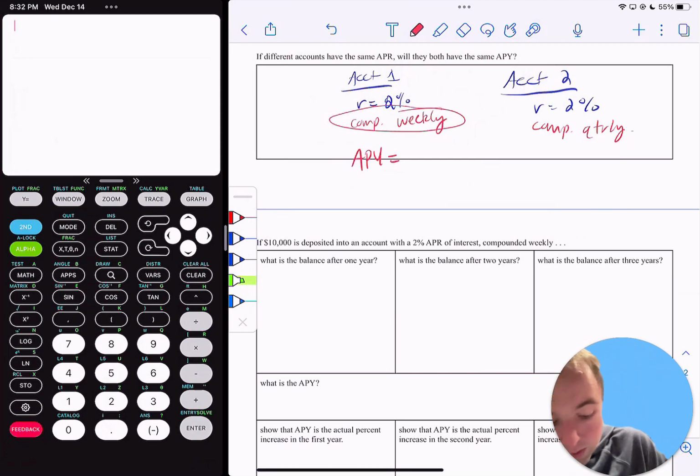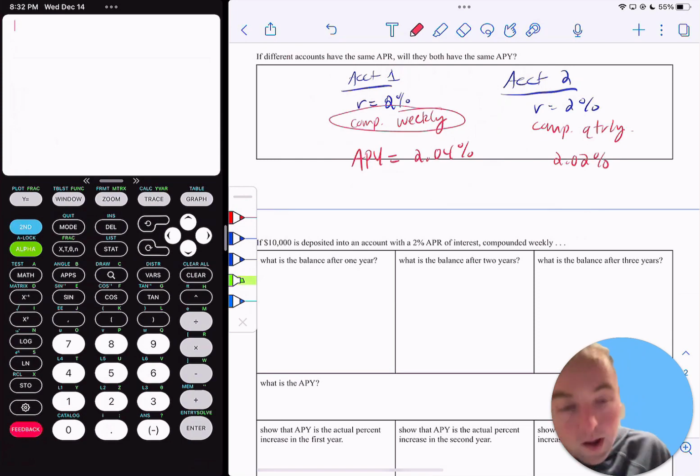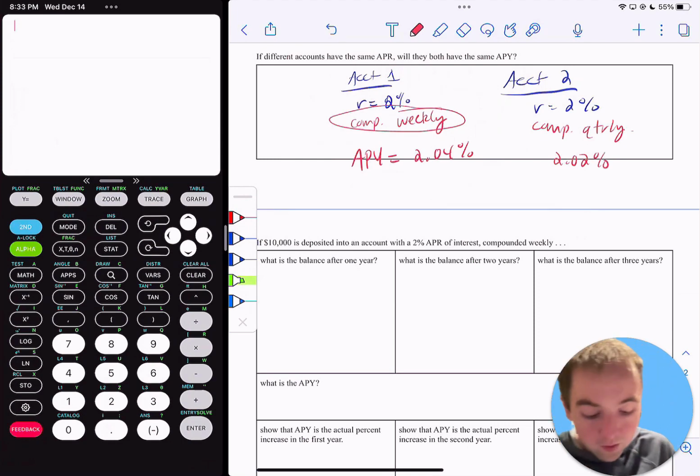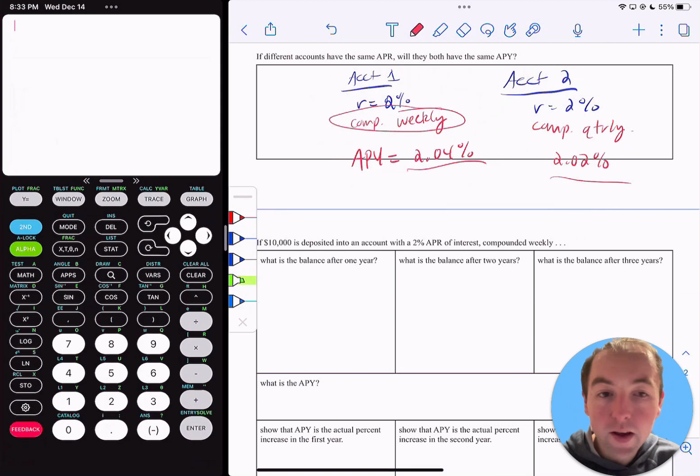Without actually doing the math, I don't really know what it is. I'm just literally making that number up. So let's say it might be 2.04%, whereas this one might be 2.02%. Those numbers aren't accurate, but you get the idea.